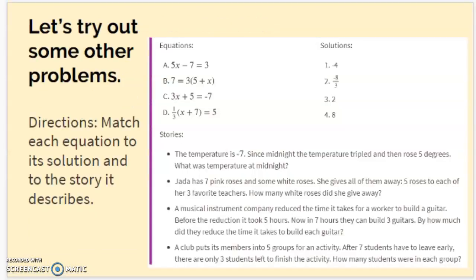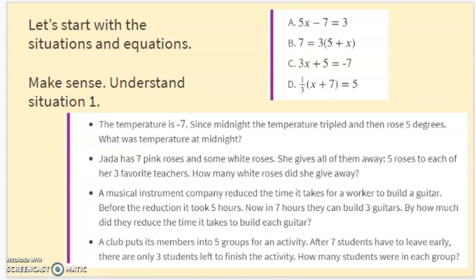Let's try out some other problems. The directions to this section say match each equation to its solution and to the story it describes. So we are given some equations, some solutions, and some stories or situations. Let's make sense of and understand situation 1. The temperature is -7.